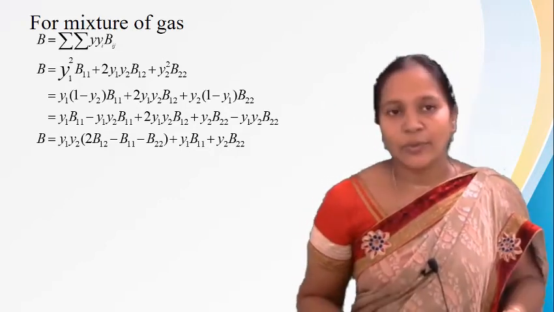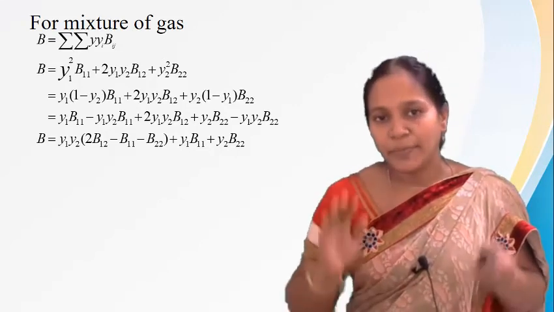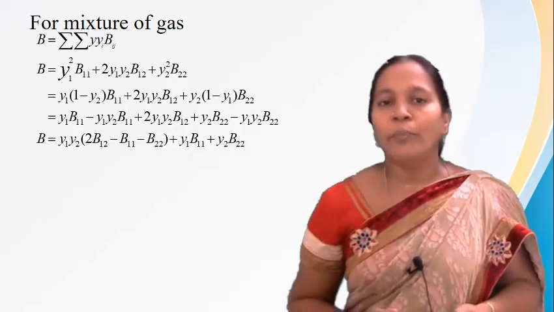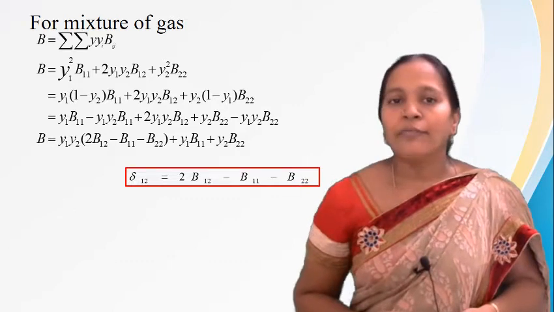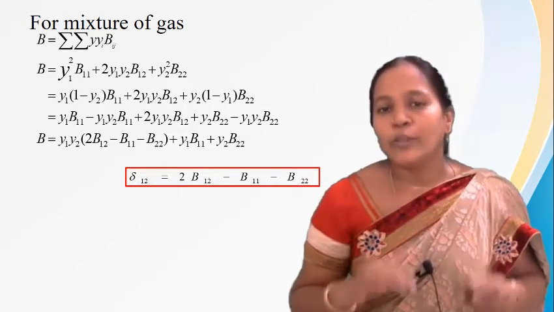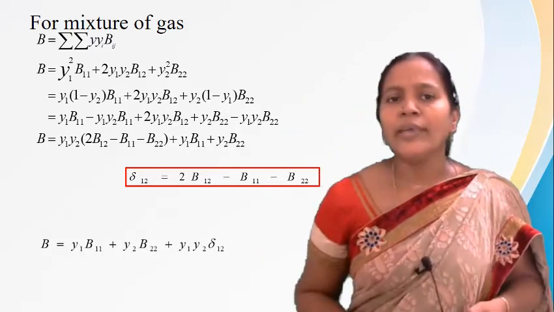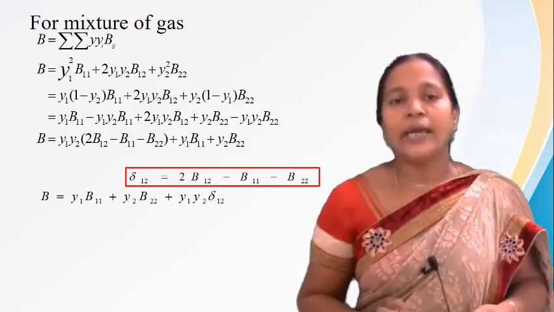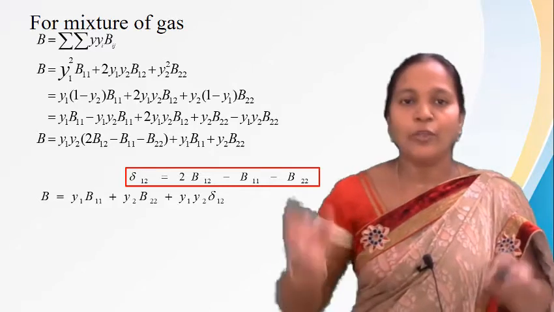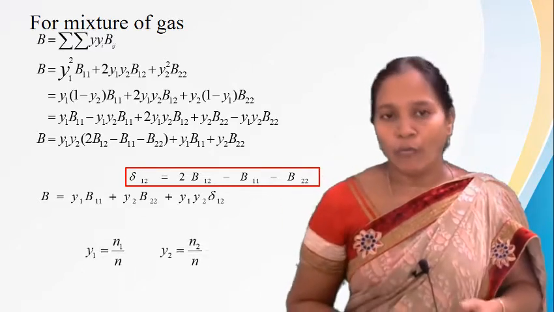Therefore, B is equal to y1 y2 (2B12 minus B11 minus B22) plus y1 B11 plus y2 B22. Assume delta 12 is equal to 2B12 minus B11 minus B22. Here replace the term with delta 12: B is equal to y1 B11 plus y2 B22 plus y1 y2 delta 12.